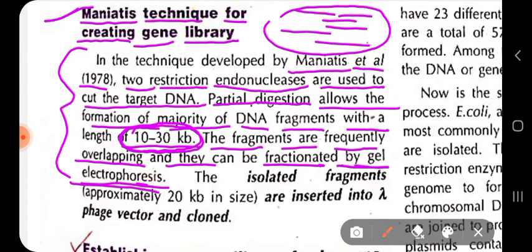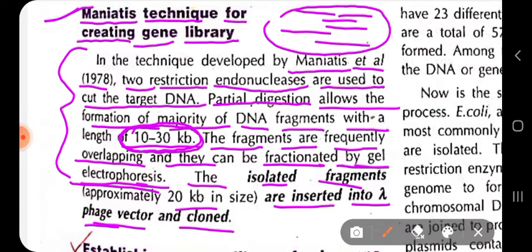We know very well that in gel electrophoresis DNA fragments are separated based on their size, right? And then the isolated fragments are inserted into the lambda phage. Here he used lambda phage as a vector and cloned these fragments to make a gene library.